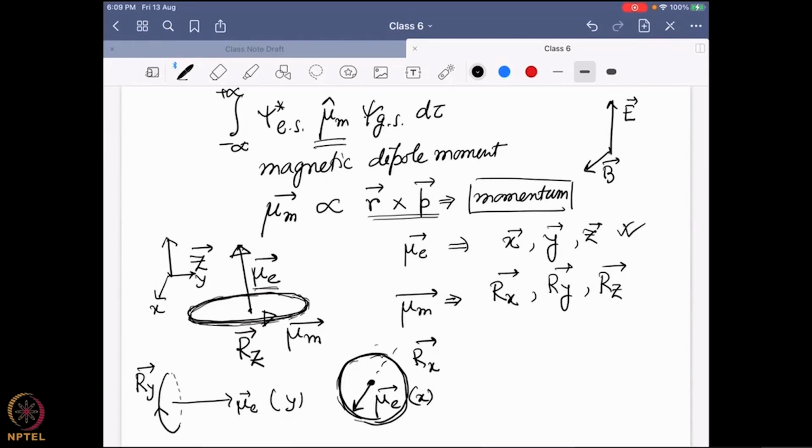A magnetic moment, on the other hand, follows a combination of the direction and the physical, linear momentum. That is why altogether it comes out as a rotational motion, as shown over here, and that will be exactly perpendicular to the electrical dipole moment we are discussing. So they can be defined as Rx, Ry, Rz with respect to the x, y, and z directions. So a magnetic moment, if it is going to be created, is actually going to be in a rotational motion.